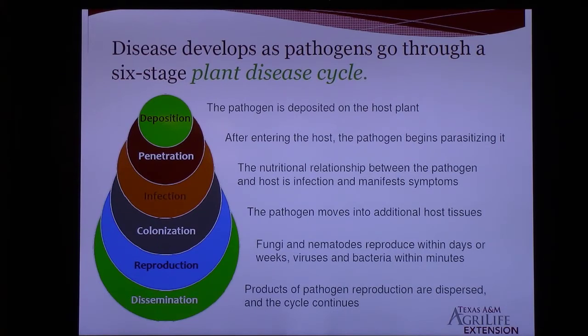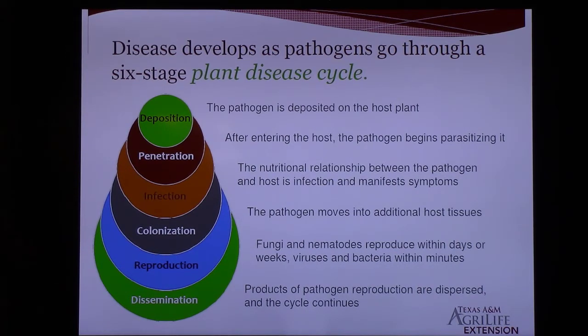So as we talk about plant diseases, there are six steps that we can outline for how a plant disease gets established and spreads. The first step is that the pathogen is deposited on the plant, either blown by the wind or transmitted by an insect.